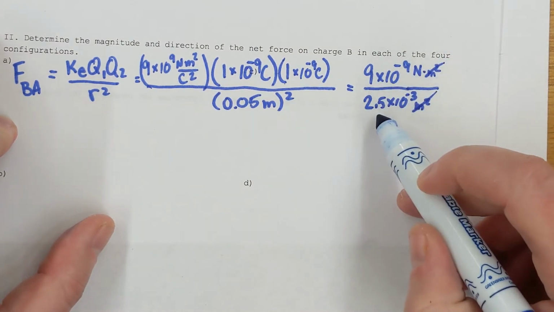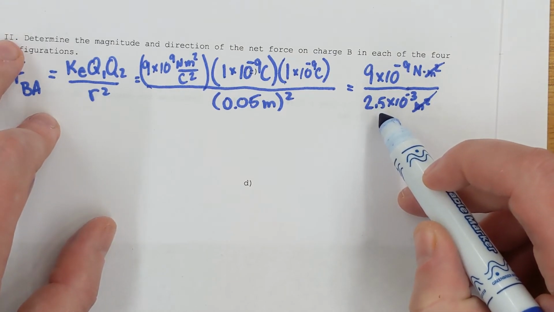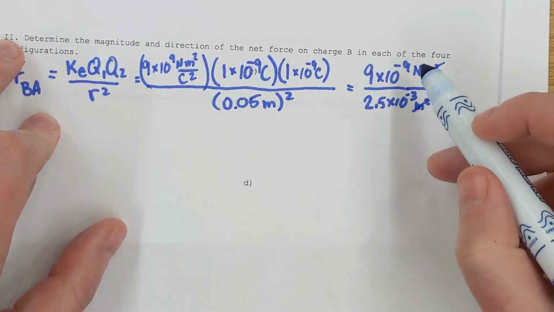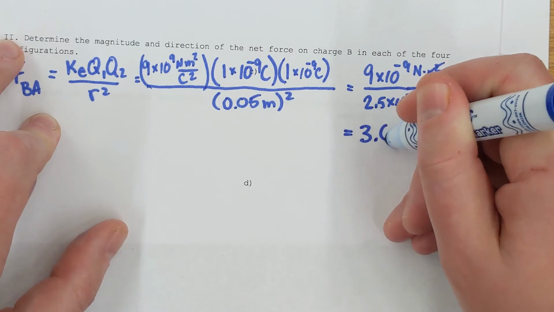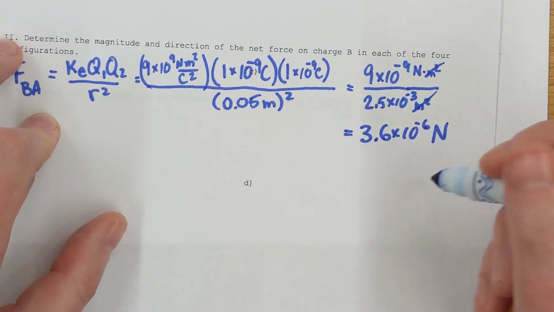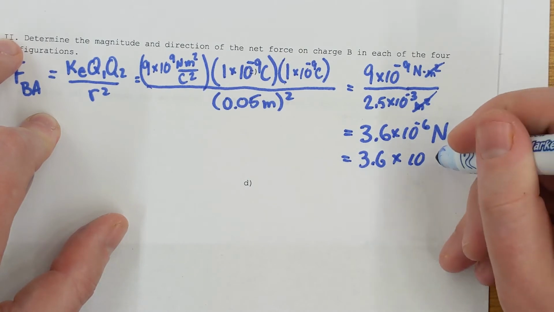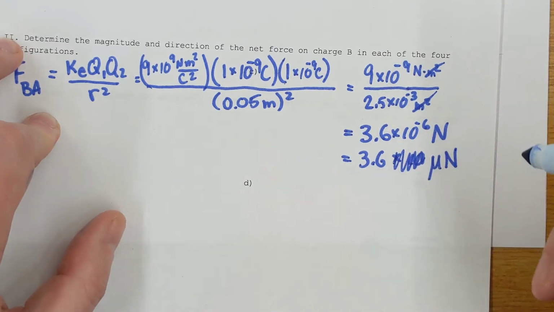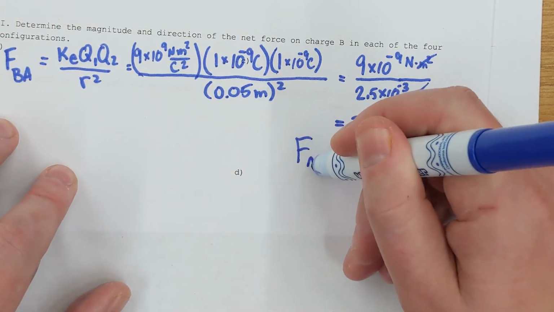If I divide something by 25, that's the same as multiplying by 0.04, so dividing by 2.5 is the same as multiplying by 0.4. And I have 10 to the minus 9 over 10 to the minus 3 here. So this works out to 3.6 times 10 to the minus 6 newtons, or just 3.6 micronewtons. A micronewton is 10 to the minus 6 newtons. So that is the magnitude of the force between A and B.